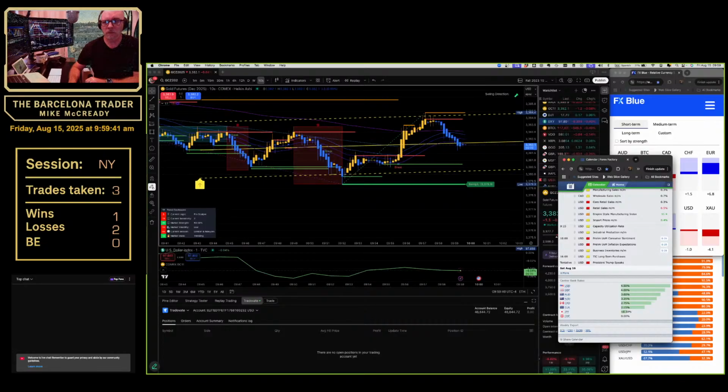I think with the news, it should break through this support. Well, it depends on which direction it sends. I would trust that data over anyone else's. There we go.